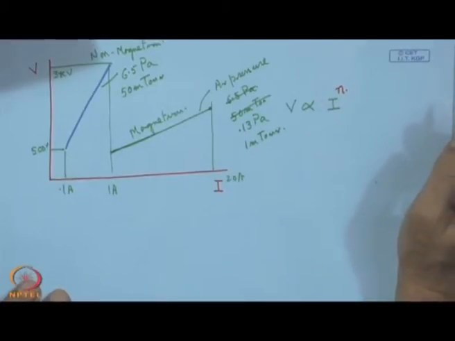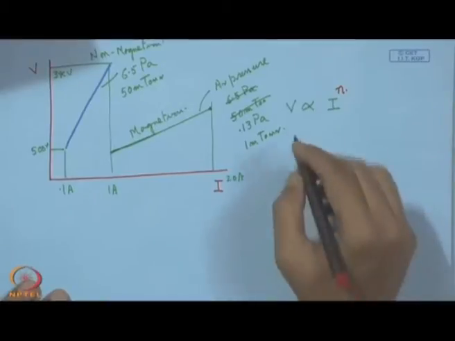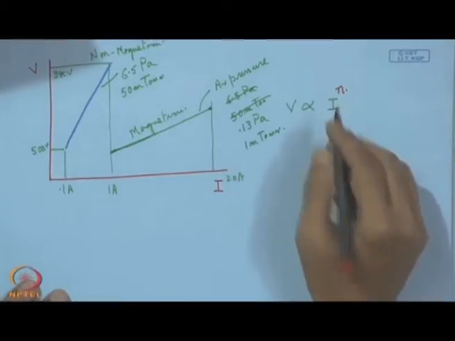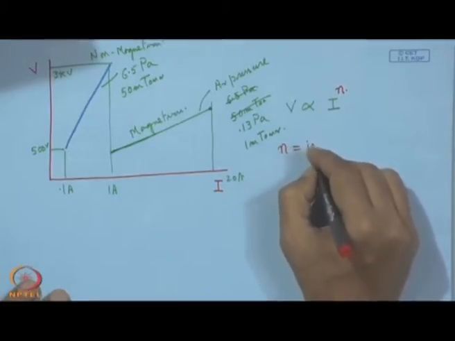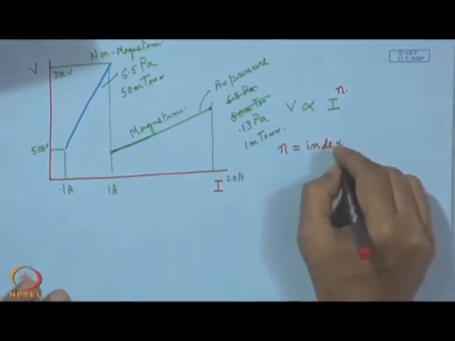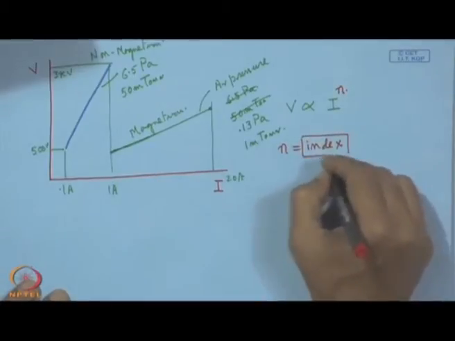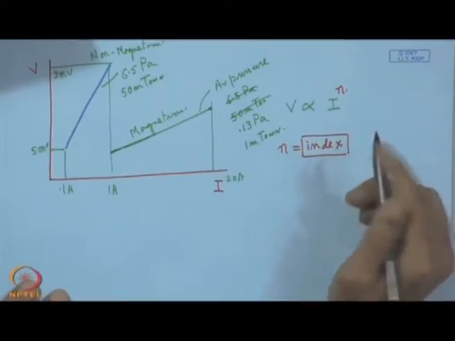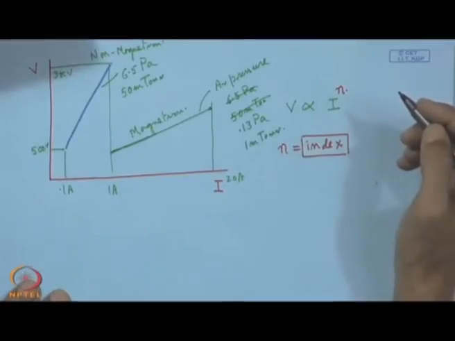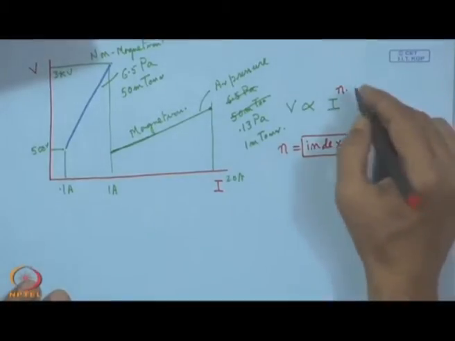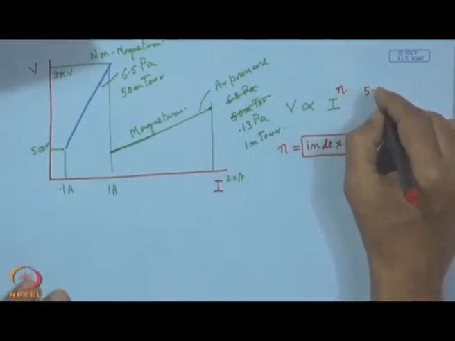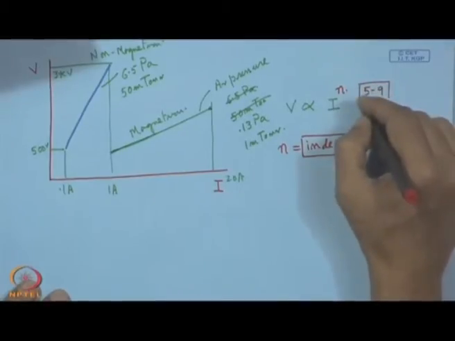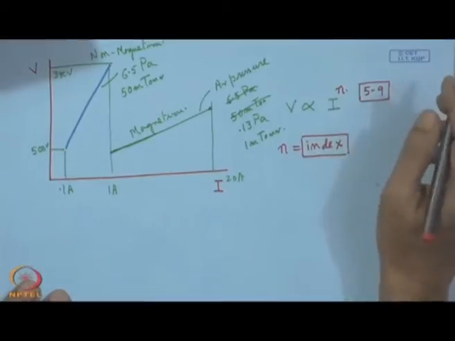This n is an index showing the performance of the magnetron. Normally it is our experience that it varies from maybe 5 to 9. Now, one should look for a higher value.